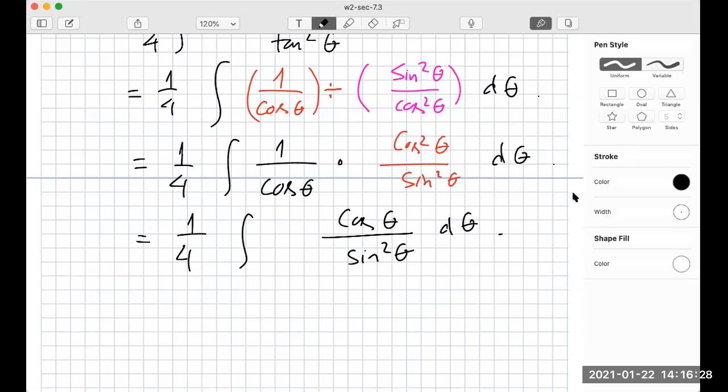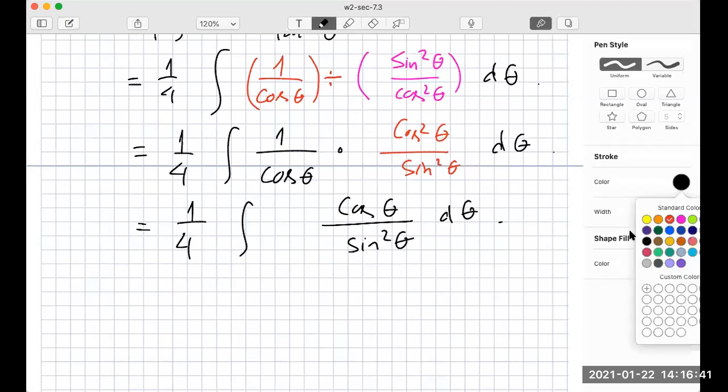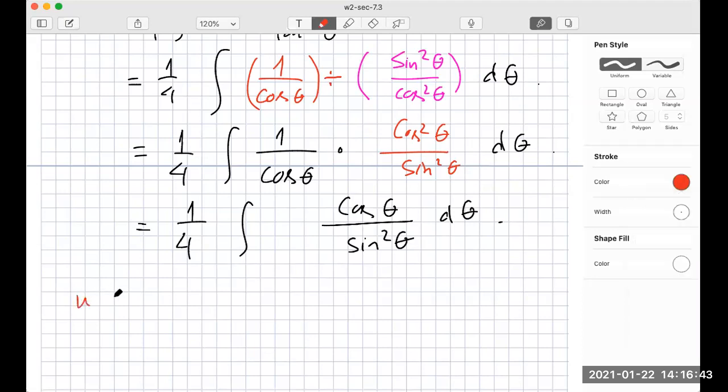Thank you, Audrey. Yeah, Angelina contributed a very long idea. I couldn't hear it clearly, but anyway, thank you. So here, if we define u to be sine theta, right? Then we need to find the relation between du and d theta. What is it?